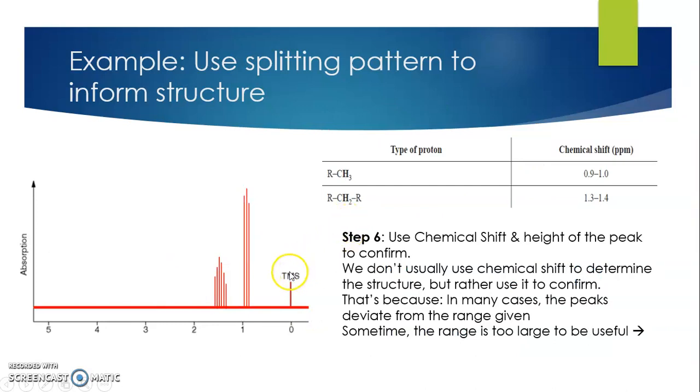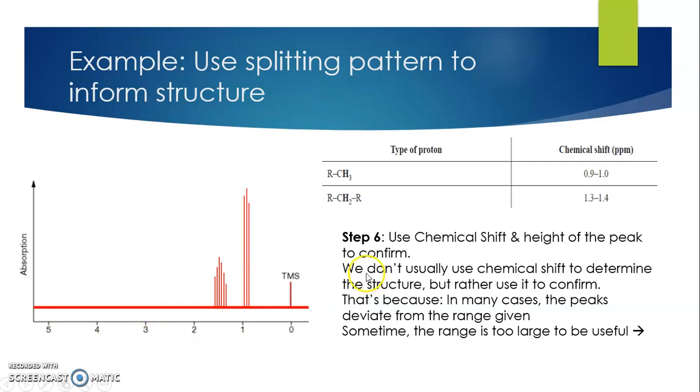Then in the end, we can use the chemical shift to confirm our deduction. So our data book gives us the chemical shift, and it is in a similar position. But you can see that although the chemical shift seems to be really specific, 1.3 and 1.4, in a lot of cases, the high-res or low-res HNMR given is not that specific when it comes to the number scale.